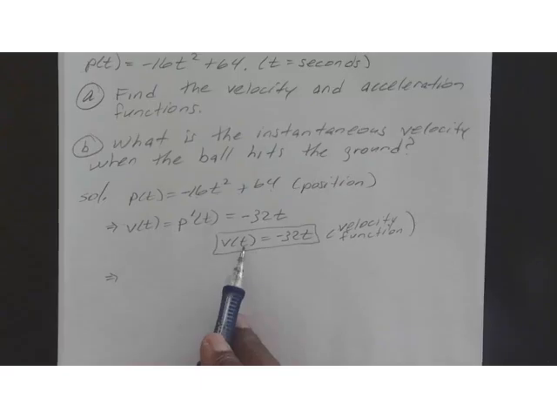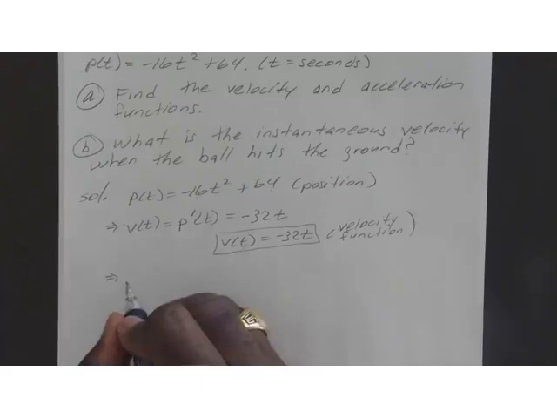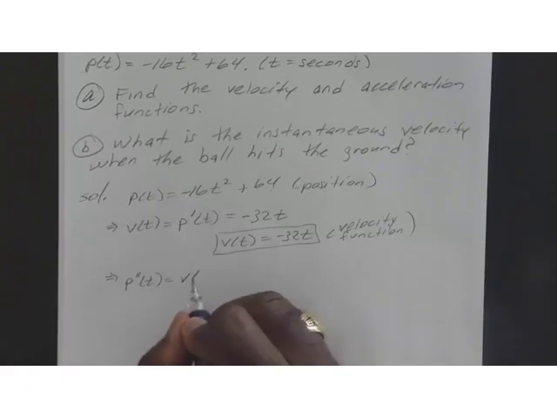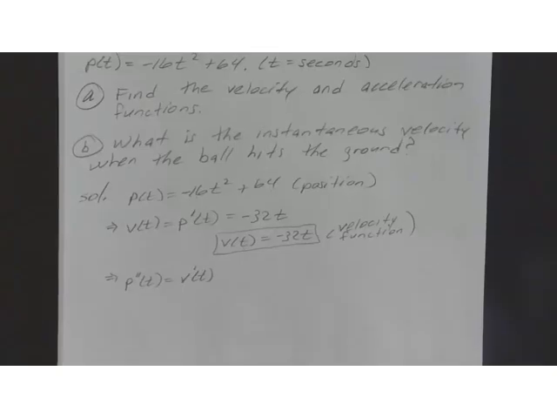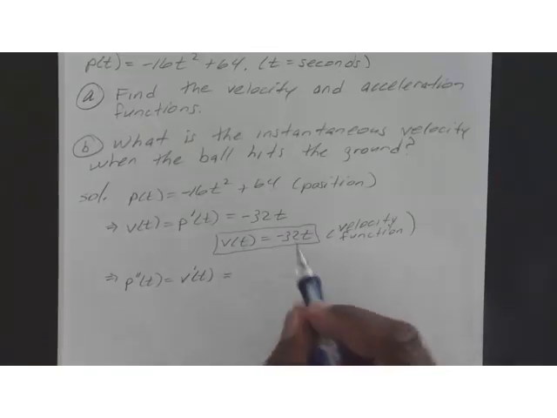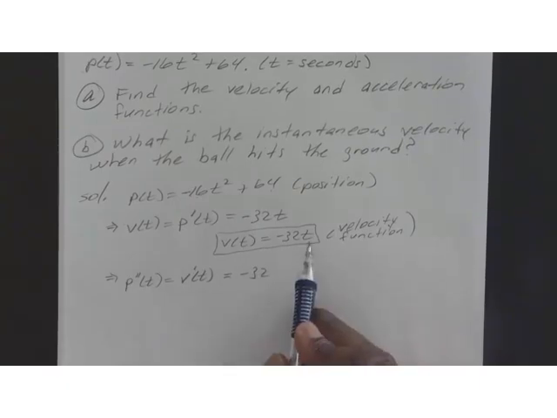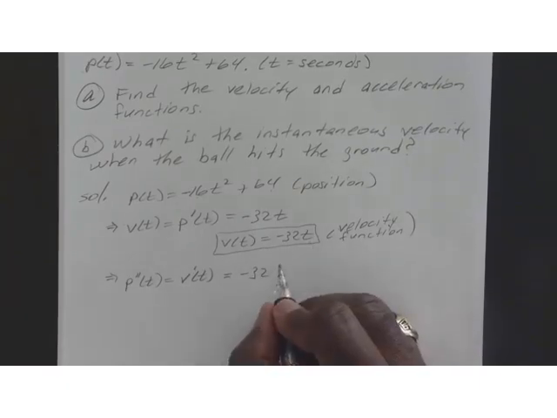And we just take the derivative of that velocity function, which is the second derivative of our position function. That's negative 32 times the derivative of t with respect to t, which is just 1.